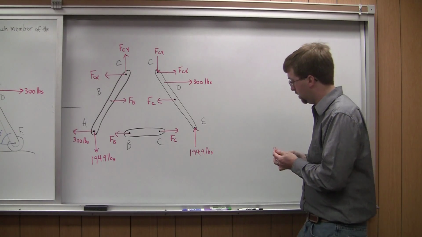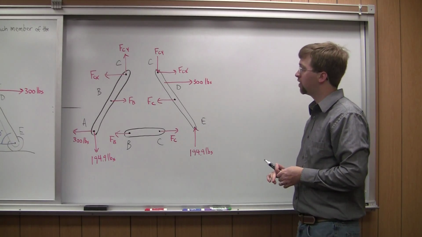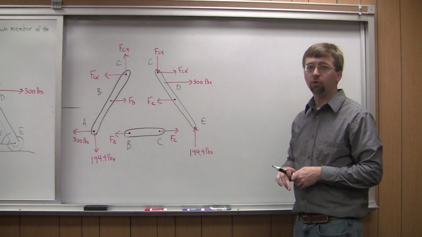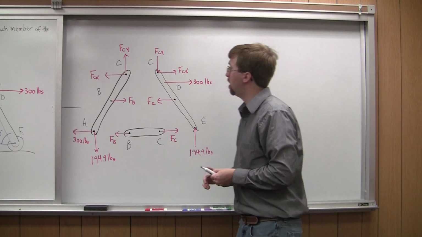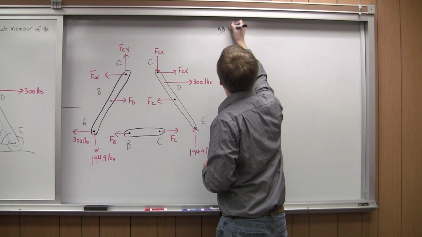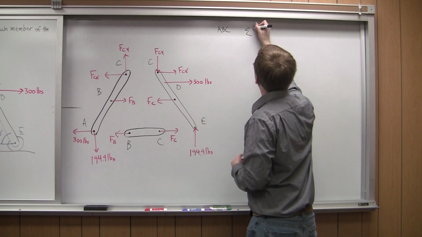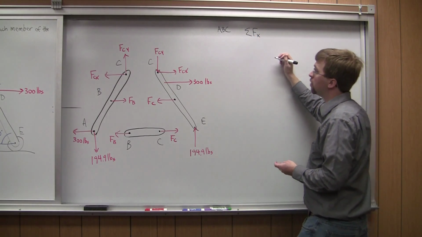So the last part I need to do is basically choose a member and start writing out the equilibrium equations for that member. So I'm going to start with member ABC. So I want to do the sum of forces in the X, sum of forces in the Y, and sum of moments.